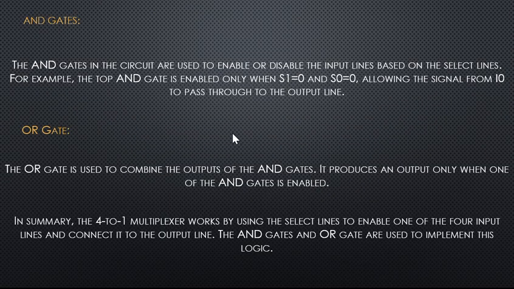Now, I will take you through the importance of the AND gates in the diagram. The AND gates in the circuit are used to enable or disable the input lines based on the select lines. For example, the top AND gate is enabled only when X1 is equal to 0 and X0 is equal to 0, allowing the signal from I0 to pass through to the output line.